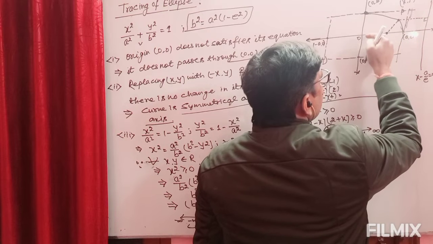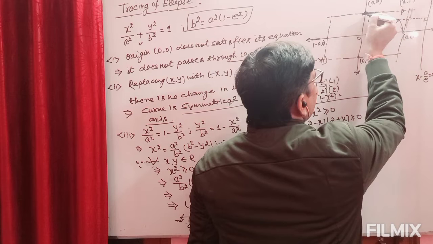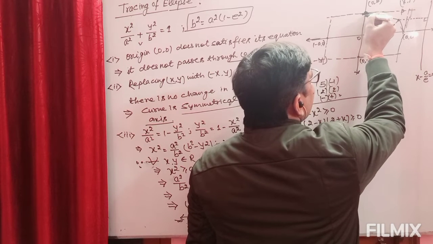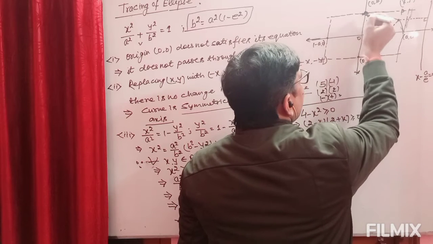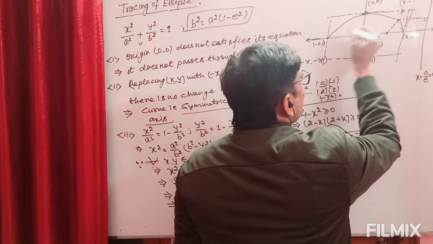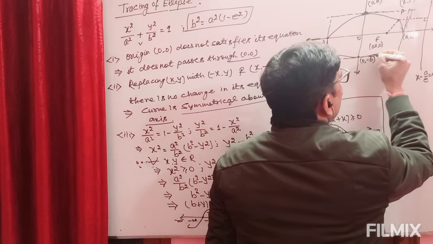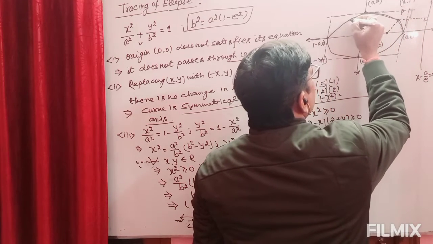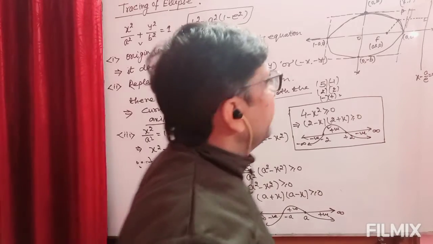So it comes to 0 level, x and y will be there at the maximum level, and the same will be there when y goes from maximum to minimum, means from b towards 0, then x goes from 0 towards minus a, and the curve is symmetrical about both the axes. The same curve will be generated below the x-axis. So this type of curve we obtained from the equation x square upon a square plus y square upon b square equal to 1.